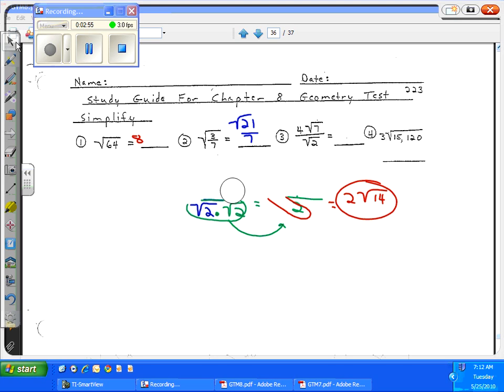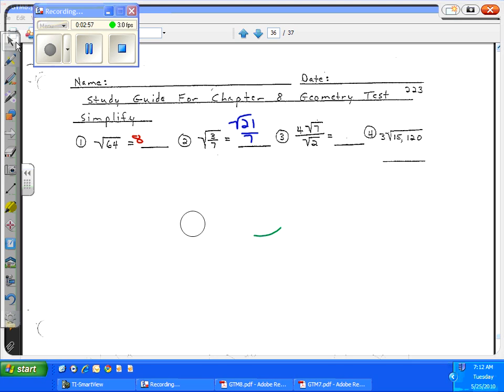Number 4, we have 3 square root 15,120. So we're going to break down the 15,120 into the product of its primes.